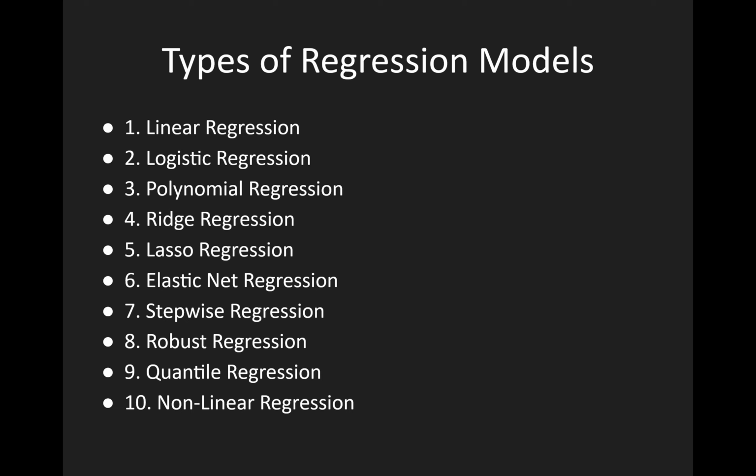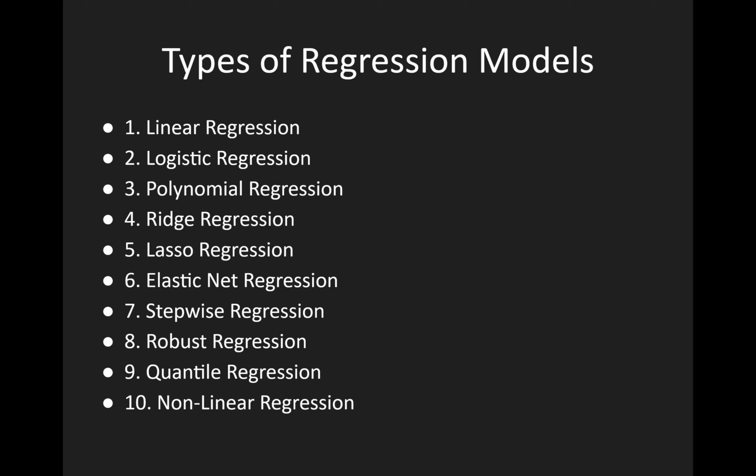Then come the types of regression models. Regression models can be broadly categorized based on the nature of the dependent variable, the relationship between the variables, and the complexity of the models. We start with linear regression. Linear regression models assume a linear relationship between the dependent variable and one or more independent variables.